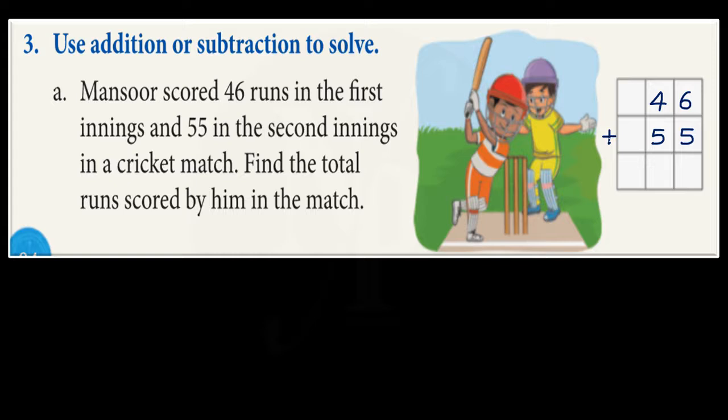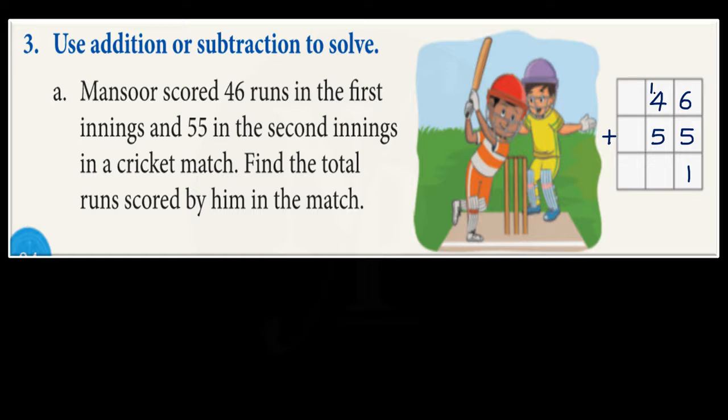So let us put a plus sign here and we will add. Starting from ones column, we add 6 and 5. 6 plus 5 is 11 and 11 ones are regrouped as 1 ten and 1 one. So let us write 1 here and 1 ten is carried forward to tens column.